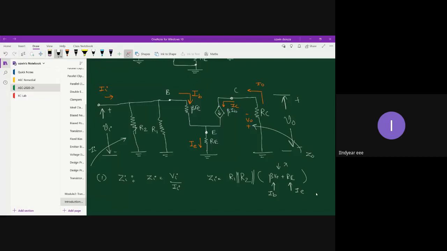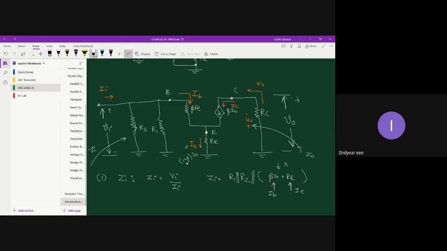Two different currents, and it cannot be a series circuit. So in order to make it a series circuit, somehow we need to convert this emitter current IE into some base current. Is it possible? Do we have any relation that relates your emitter current to base current? What is that relation? 1 plus beta. Yeah, exactly.